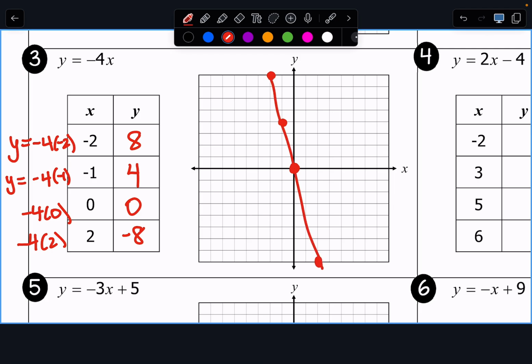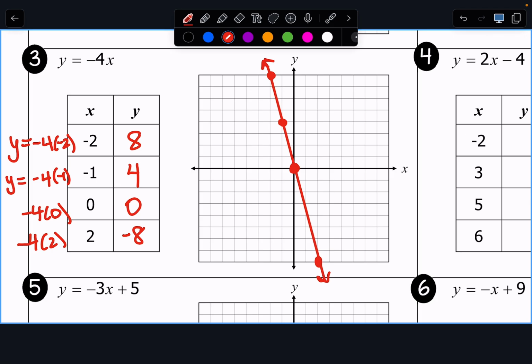Okay. If your 3 or 4 or 5 coordinates, however many we have, don't form a line, you did something wrong. So if one of them is not lining up with the rest, you need to go back and look at that, because I am telling you, every single one of these will form a line.